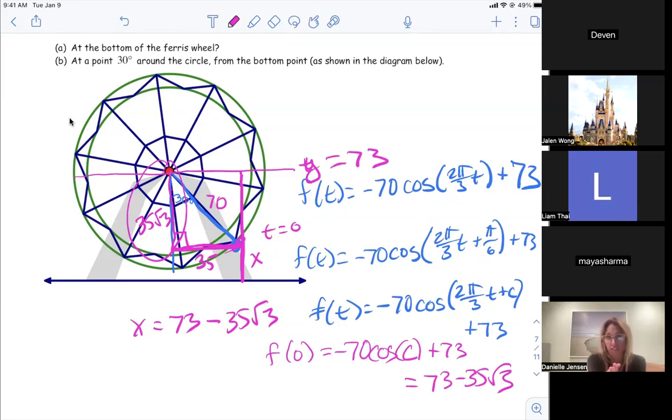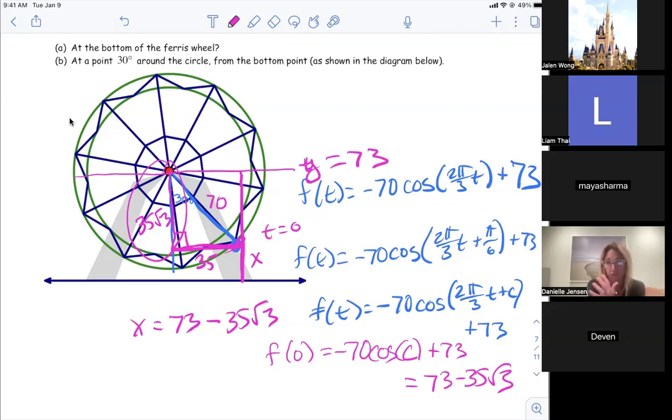And if you're psyching yourself out, you can have a sure way to figure out what it is. And then you get cosine of c equals root 3 over 2. And I know my lowest point is to the left of that, so I know that my starting time 0 would be here.